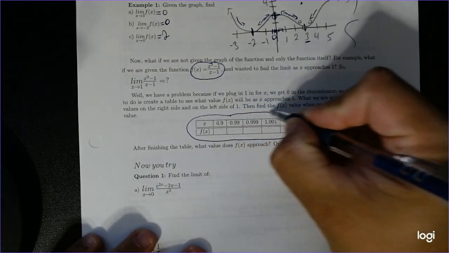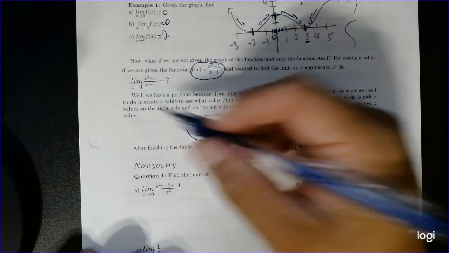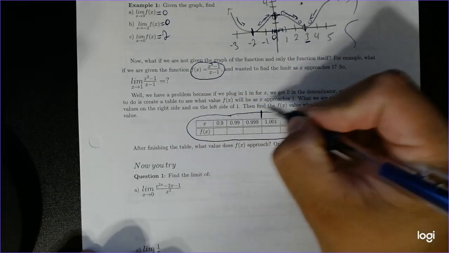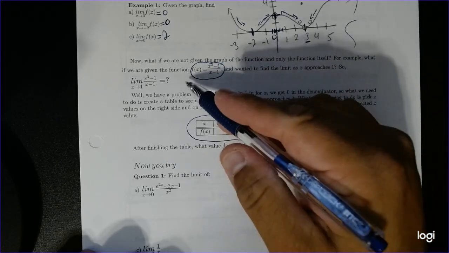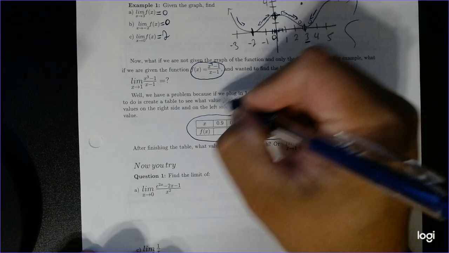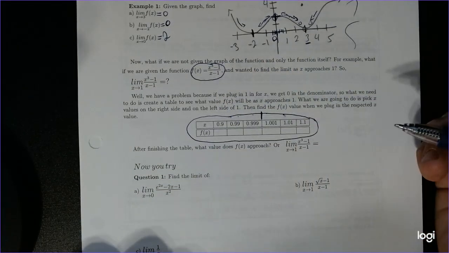So the box method basically says I'm going to put the value I want right in the middle, which is 1, and I'm going to pick numbers to the left of it and to the right of it and plug them into the function and see what they get closer to, because graphing this would be an actual pain, so we do the old-fashioned way, plug and chug, basically just another T-chart.